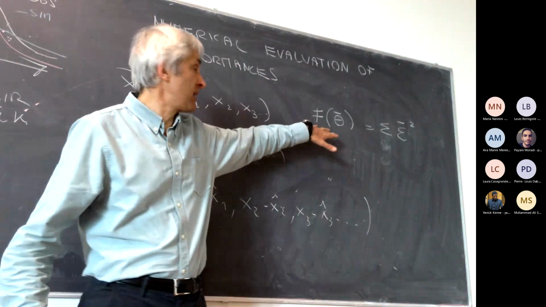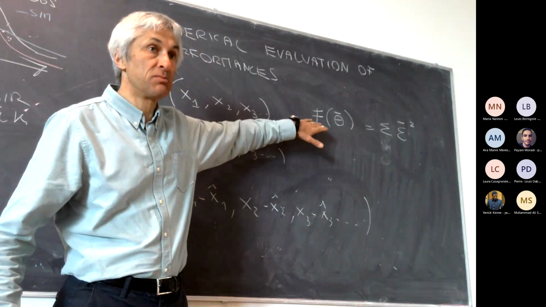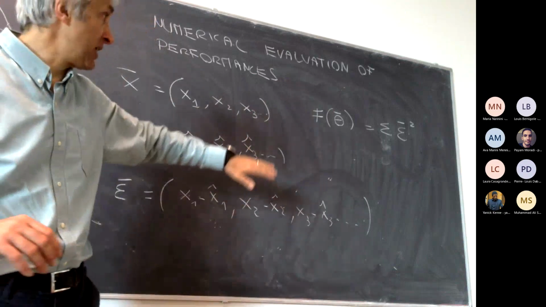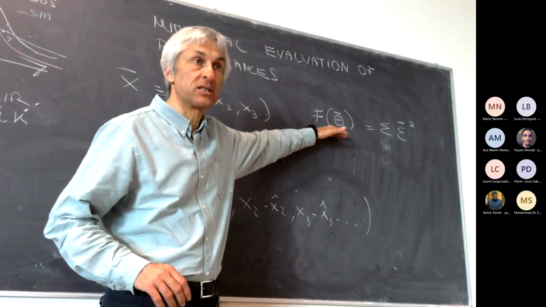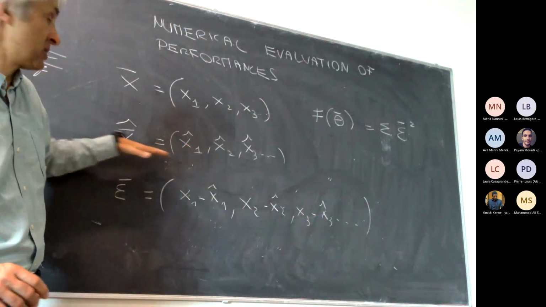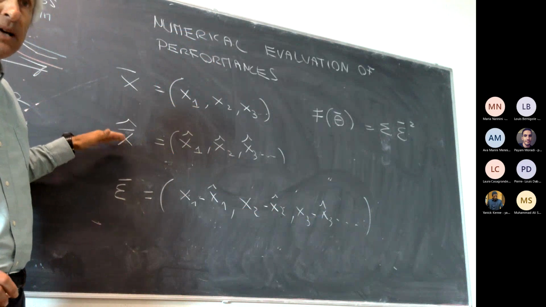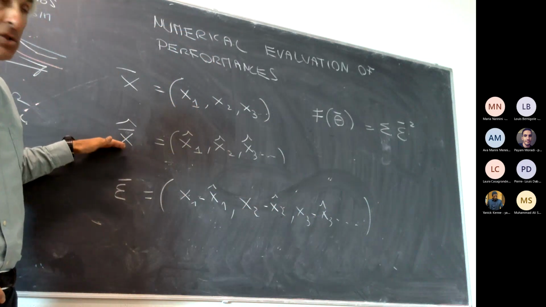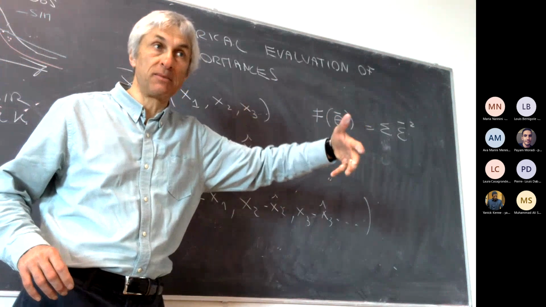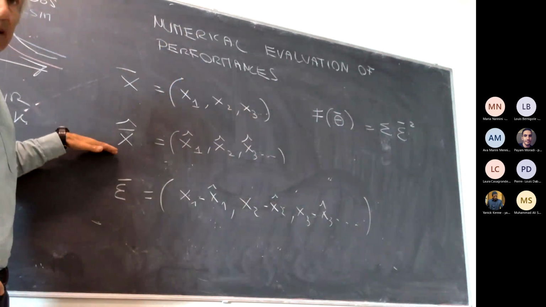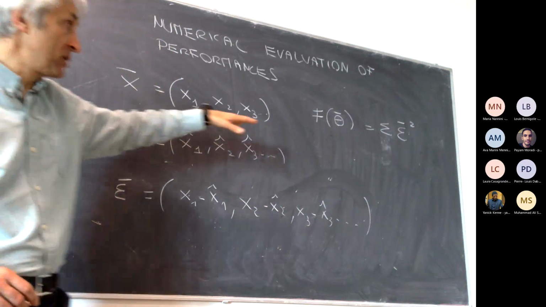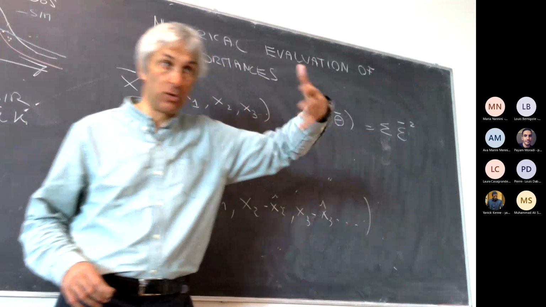Because I want this f to be the smallest possible. Of course, f depends on the parameters, because the x hat, the simulation, depends on the parameters. So if I change the vector theta of the parameters, I change the vector x hat, and therefore I change the sum of squares.